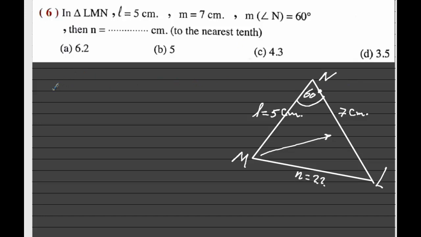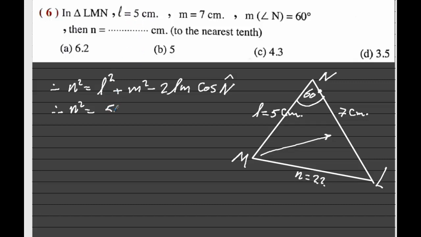From the rule, we know that n square equals l square plus m square minus 2lm cosine angle N. So n square equals 5 power 2 plus 7 power 2 minus 2 multiply 5 multiply 7 multiply cosine 60 degrees.